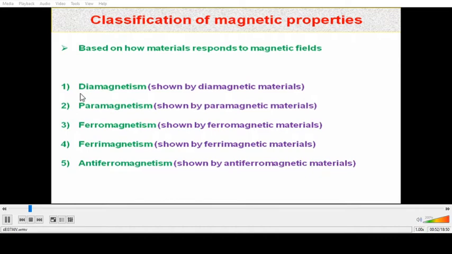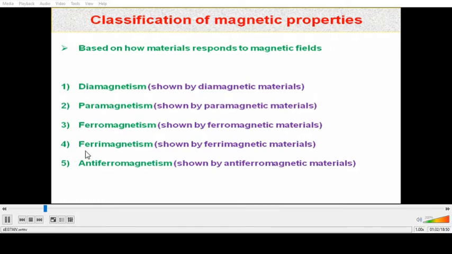The first one, diamagnetism, is shown by diamagnetic materials, which have a negative susceptibility. Second one, paramagnetism, is shown by a paramagnetic material, which shows a positive but small susceptibility. Third one is ferromagnetism, shown by a ferromagnetic material, which shows positive and large susceptibility.